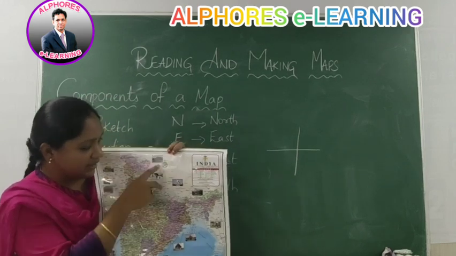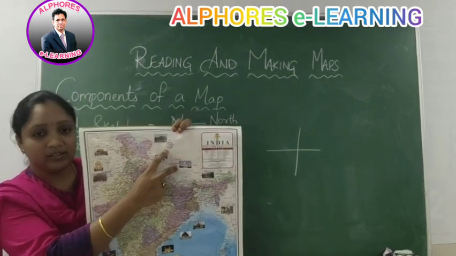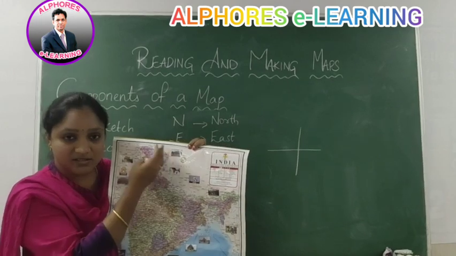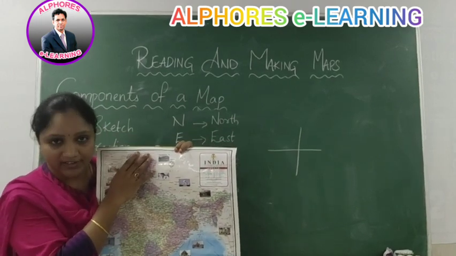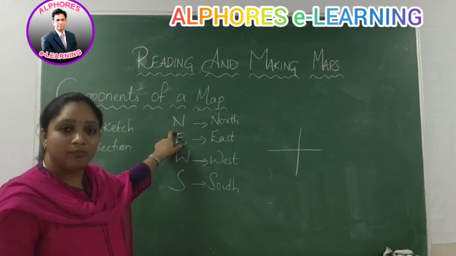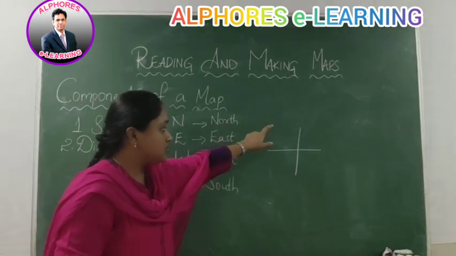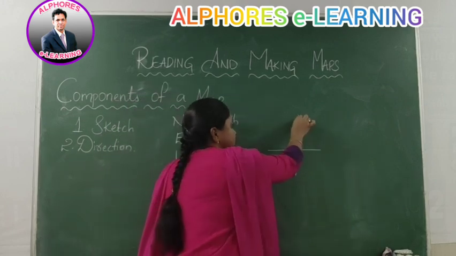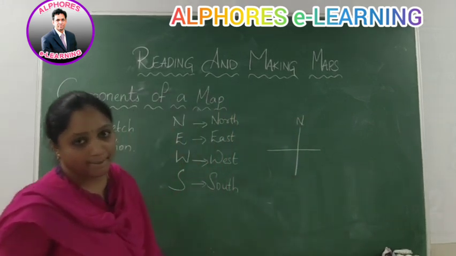So now this is a map which shows the direction north. This is started with a north direction, right? That's the reason north will be at the top, and news, right? This pattern of the map started with a north.